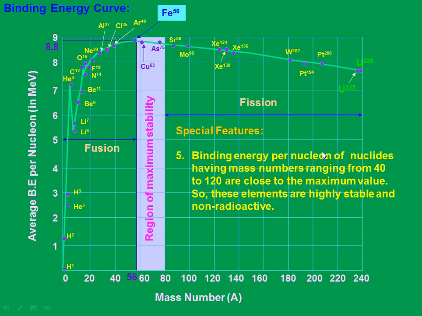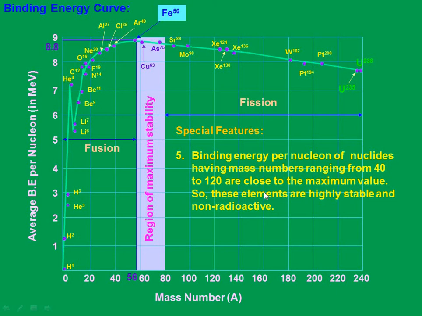So binding energy per nucleon of nuclides having mass numbers ranging from 40 to 120 is close to the maximum value. So these elements are highly stable and non-radioactive. They are not at all radioactive in nature. Radioactivity refers to the process where, in order to attain stability, they go for either fission or fusion. While undergoing fission, they give out some energy particles.